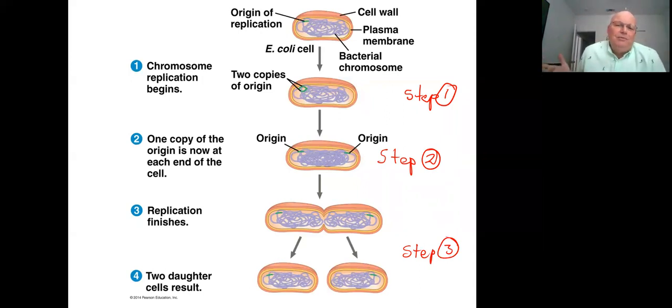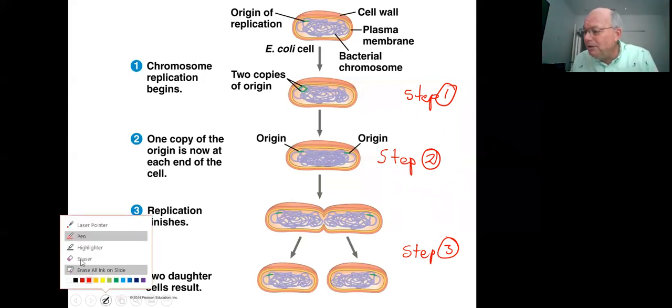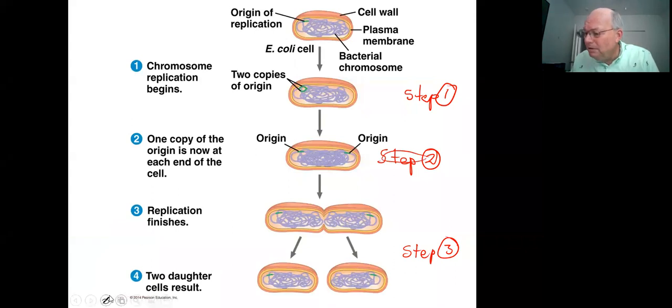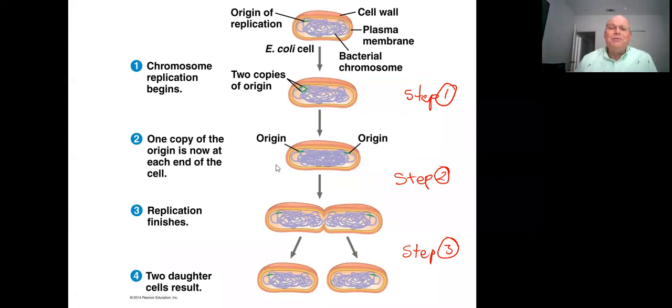And remember, bacteria invented cell division. So not surprisingly, we see the 3 steps played out. In fact, I think I'm going to change this just a little bit. And say that this is step 2, because it's in between there that we get the separation. So that's all you need to know about bacterial cell division.